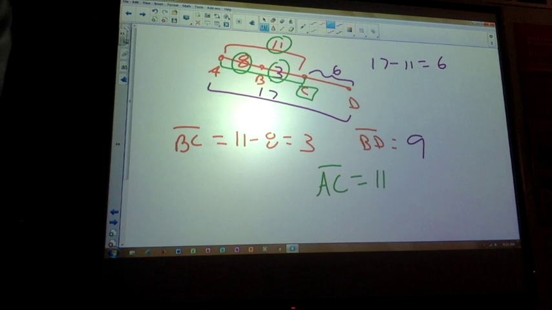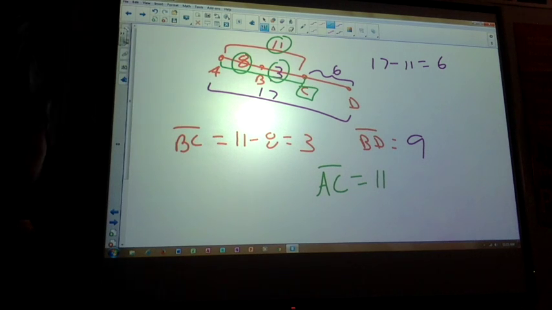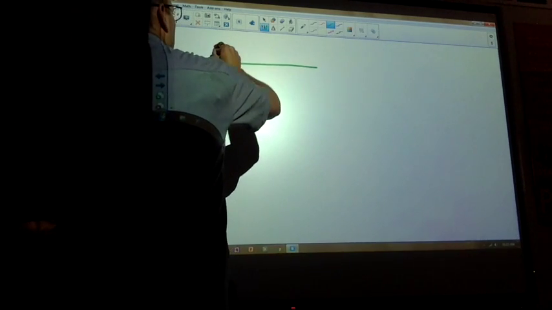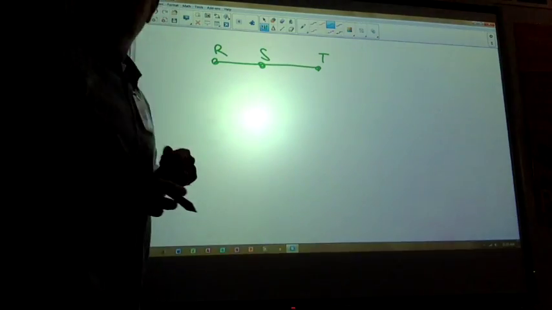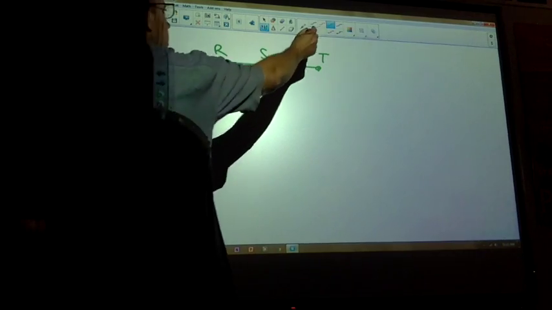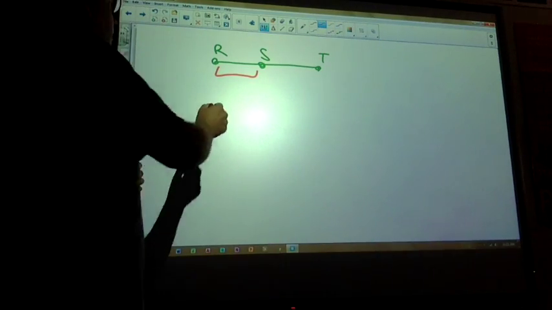Yeah? 3A. Okay. Assume that point S is between R and T. They want you to say S is somewhere in here. So they tell us that RS, that distance there, is 2x plus 10.